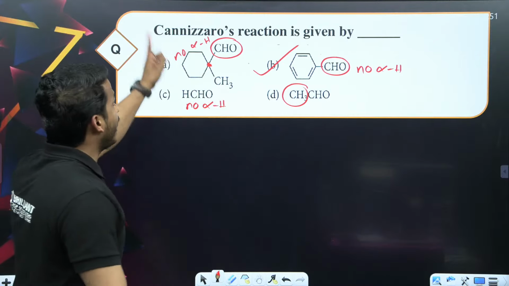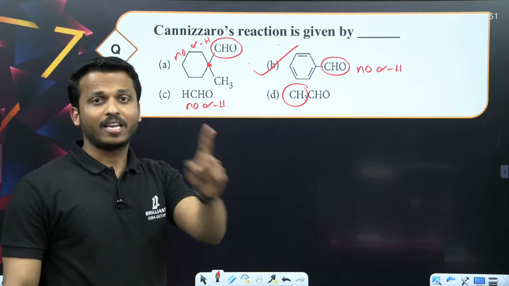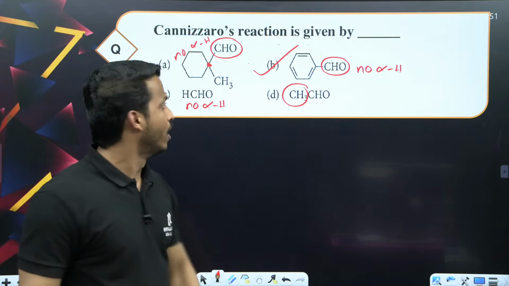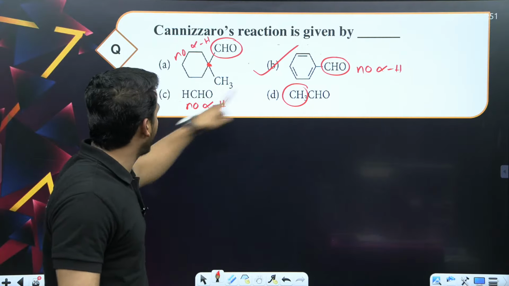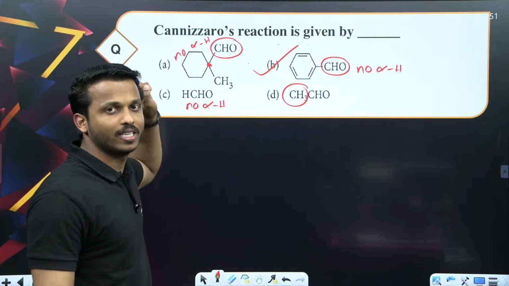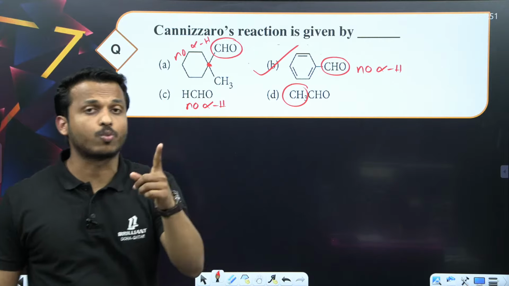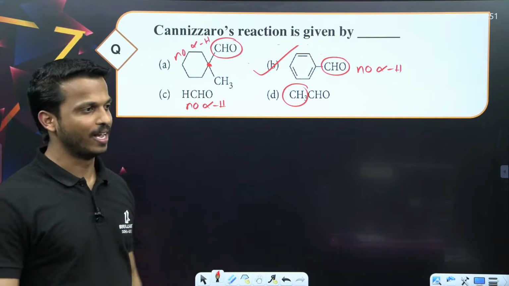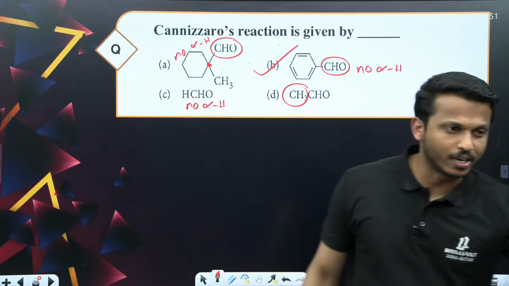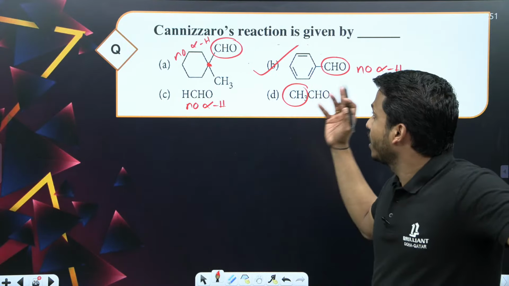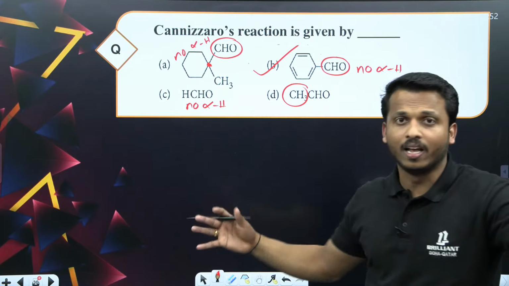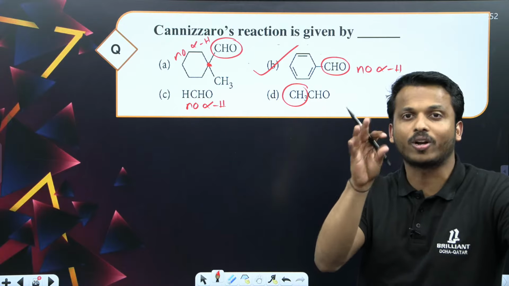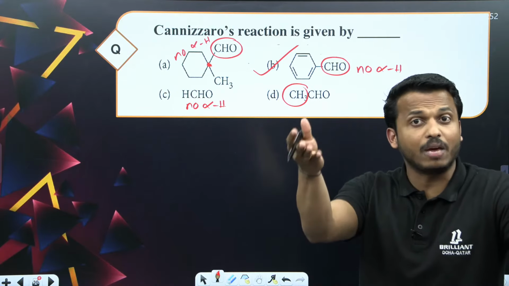Once again, Cannizzaro reaction is given by compounds that should not have any alpha hydrogen, right? This one has no alpha hydrogen, here no alpha hydrogen, here also no alpha hydrogen. So I think we need to correct the question as: which one cannot give Cannizzaro reaction? Check it, all of you. Options A, B, C do not contain any alpha hydrogen, so they can give Cannizzaro reaction.